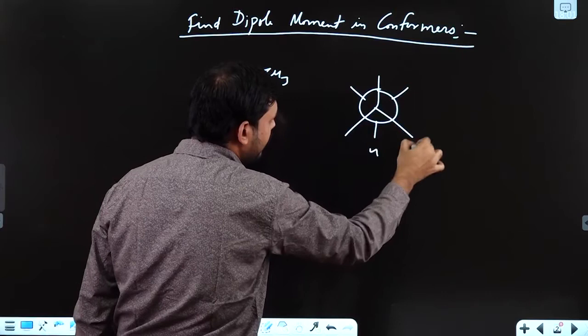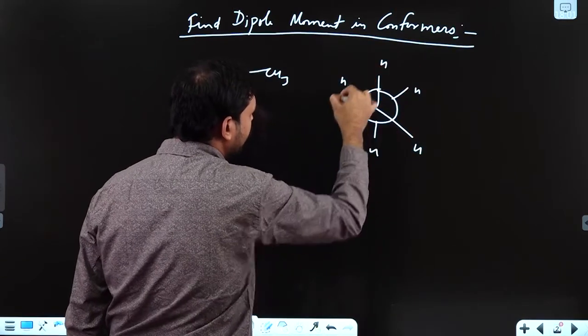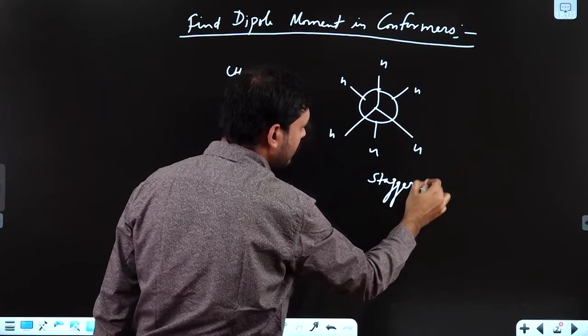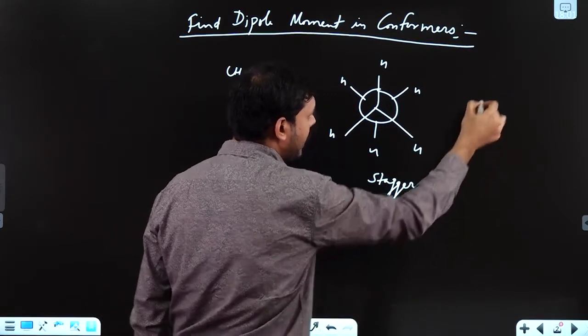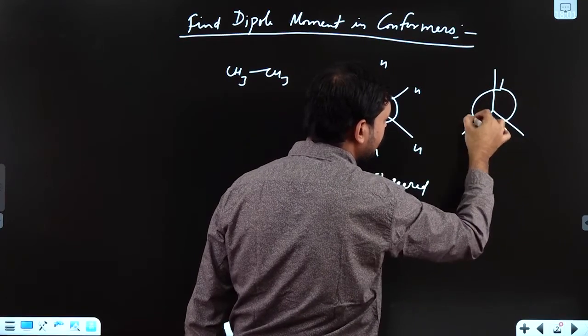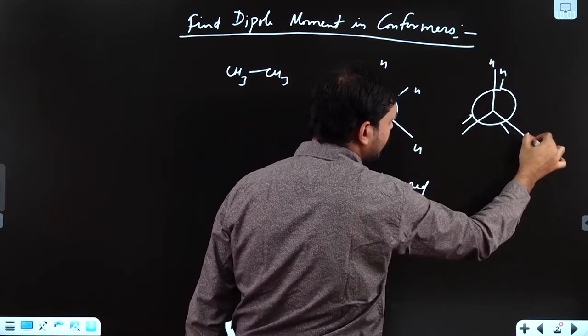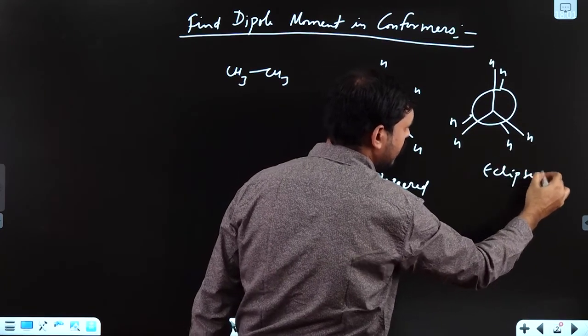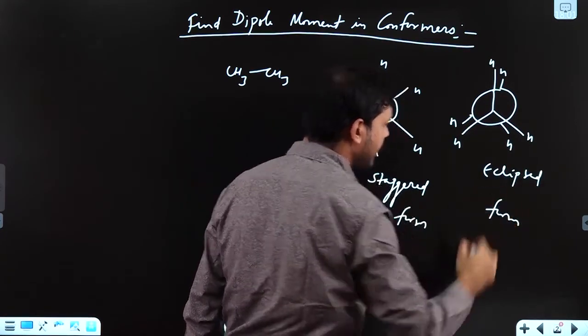One is your staggered form and another is your eclipsed form, right?